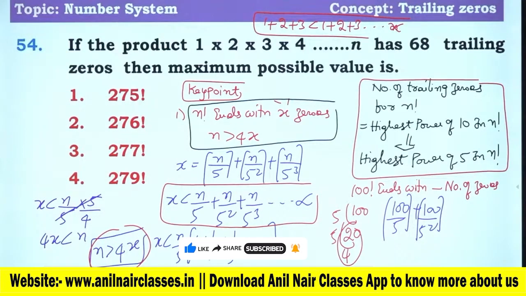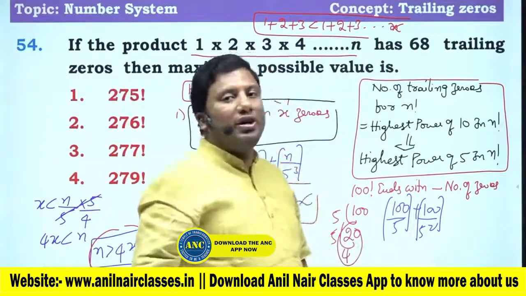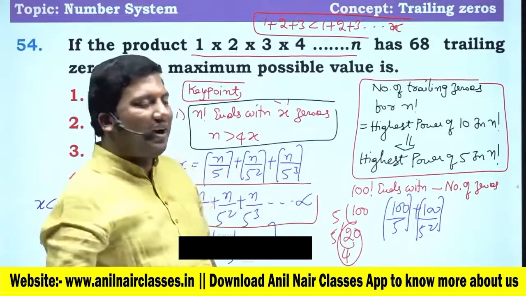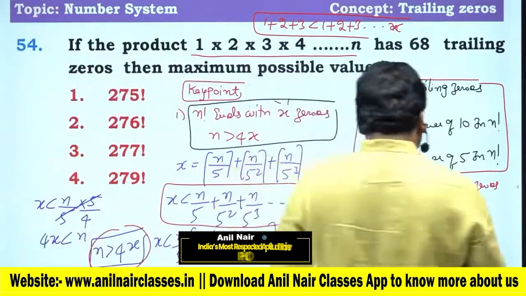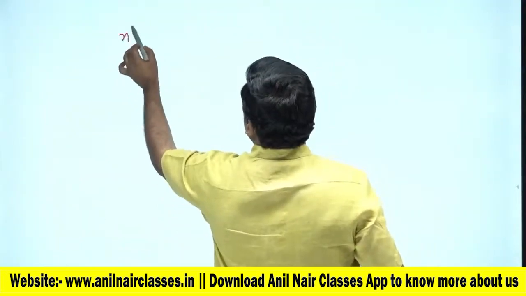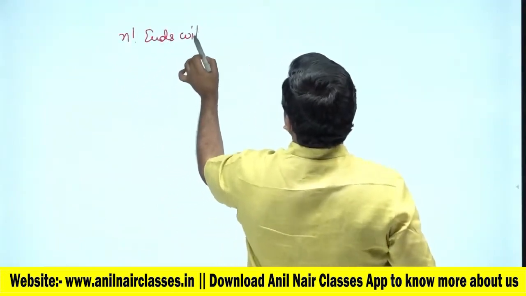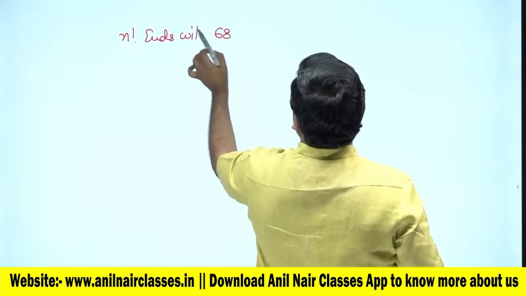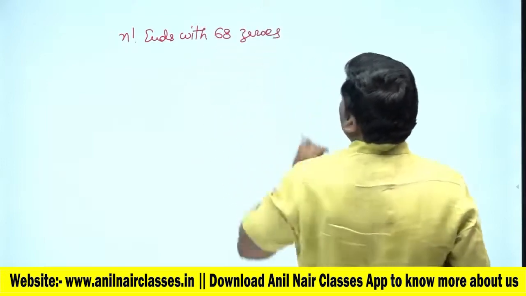What is the question? If the product 1 into 2 into 3 and so on up to n, 1 into 2 into 3 till n, it is an n factorial, has 68 trailing zeros. So, what is the concept? N factorial ends with 68 zeros.